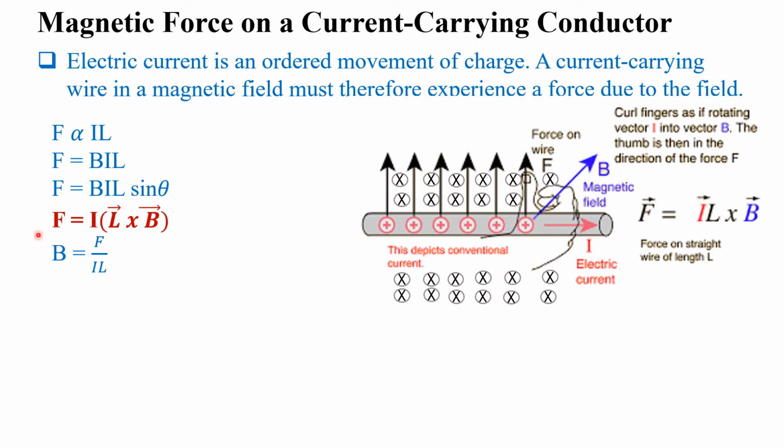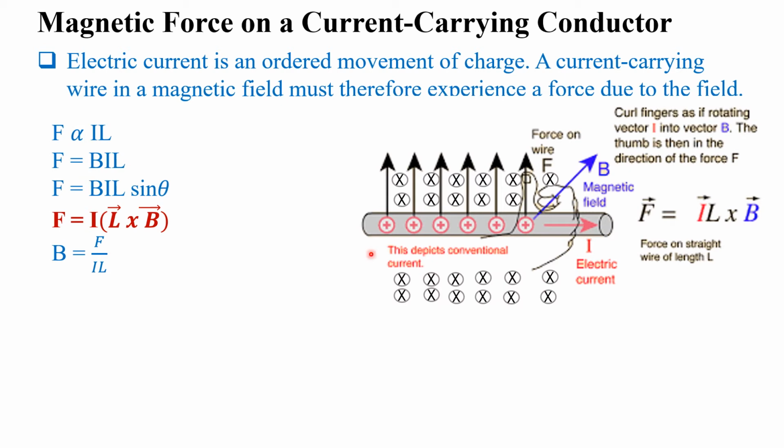This force F experienced by this current carrying conductor depends upon the current flowing through the conductor, length of the conductor, magnetic induction or magnetic field strength, and the angle between L and B. By keeping BIL constant, we can get the maximum or minimum force by just changing the angle theta.